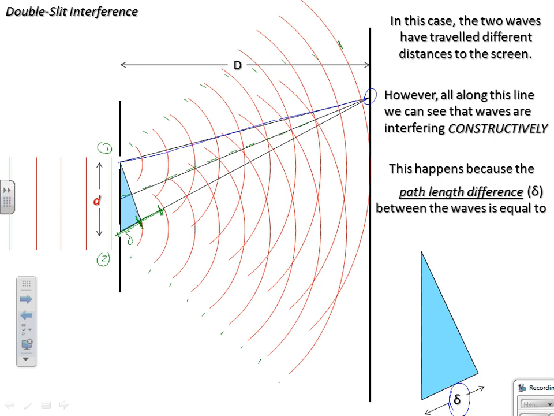And to get to that point, notice 2 extra from source 2. So that means to get to this point, there are 10 wavelengths from source 1 and 11 wavelengths from source 2. So that means that our path length difference delta is equal to exactly 1 wavelength.